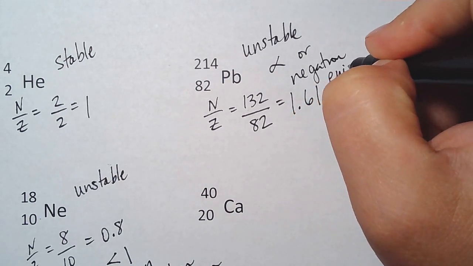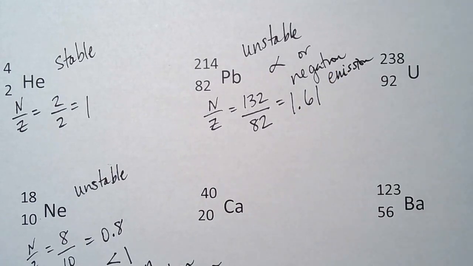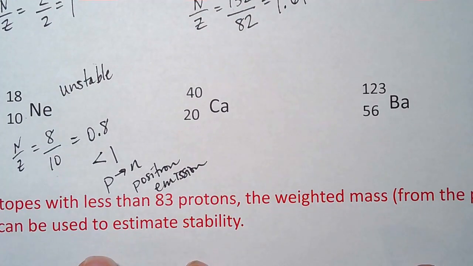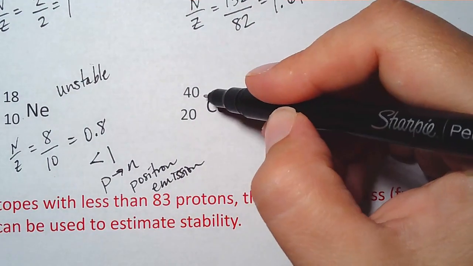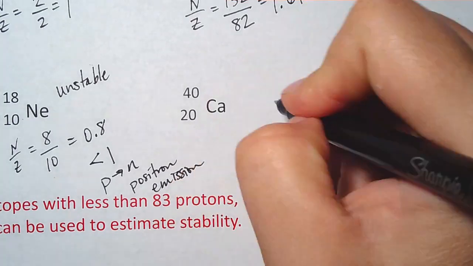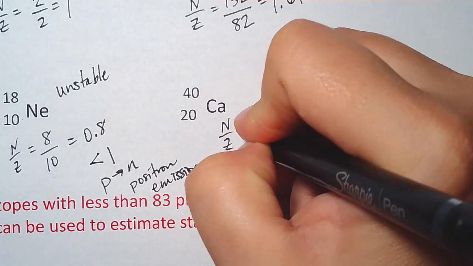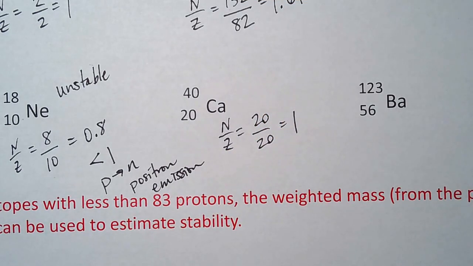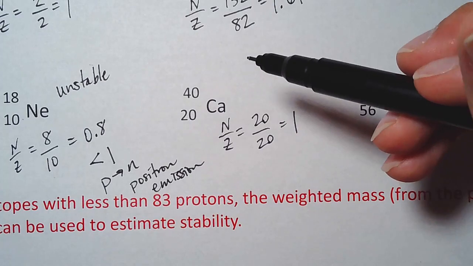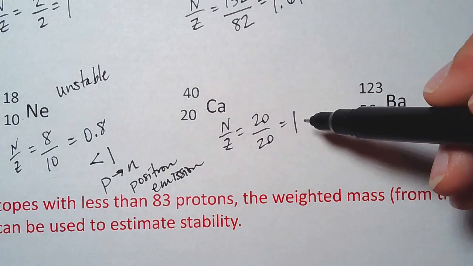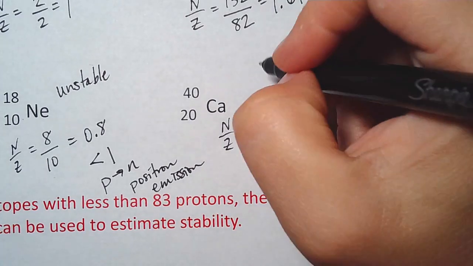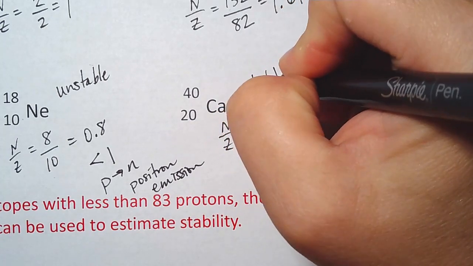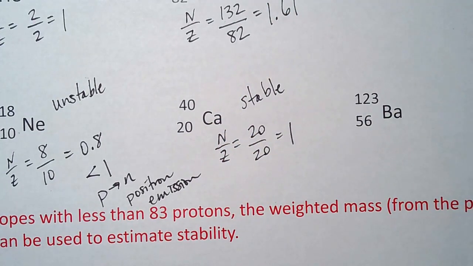Alright, let's look at calcium. Calcium-40, not too large. NZ ratio 20 to 20, so it's 1. Calcium is the largest isotope that can have this NZ ratio of 1. This is actually stable, the most common form of calcium, so this one's fine. Alright, uranium-238.